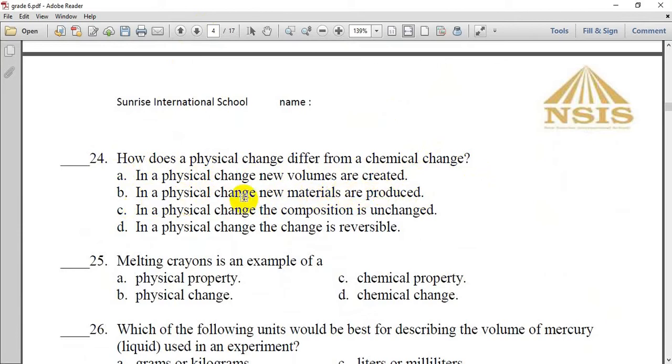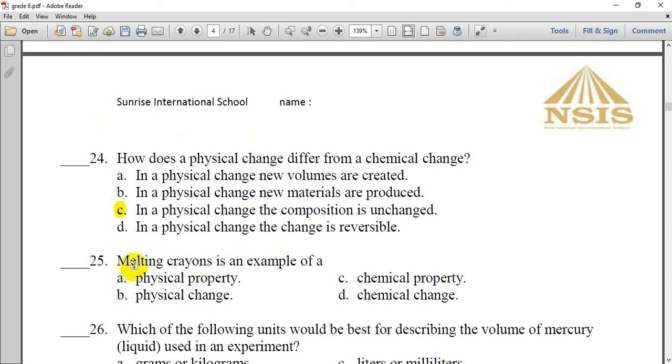So in the physical change, we have new material or new substances. C, in a physical change, the composition, or what is found inside the matter, is unchanged. The matter doesn't change. Or in a physical change, the change is reversible. It means it can come back. The most correct answer here is that in a physical change, the composition is unchanged. The matter doesn't change into new matter.